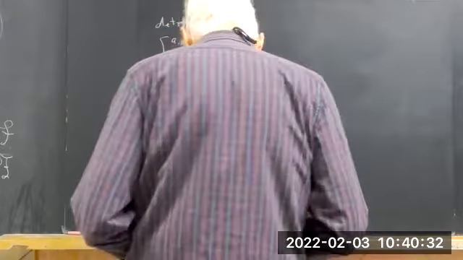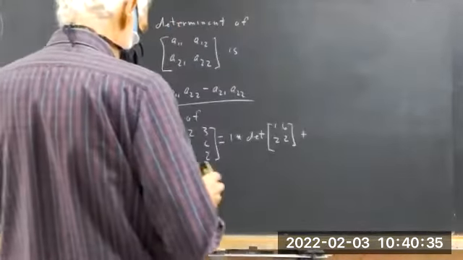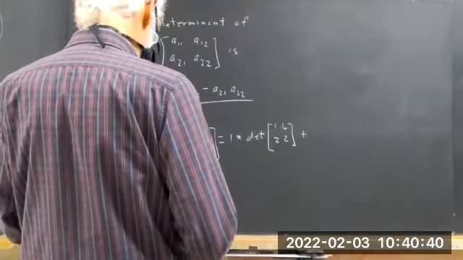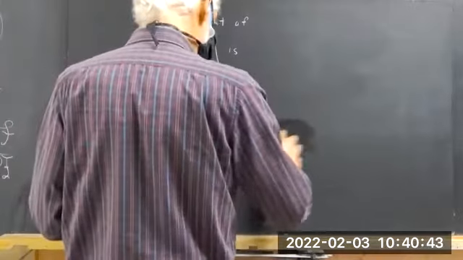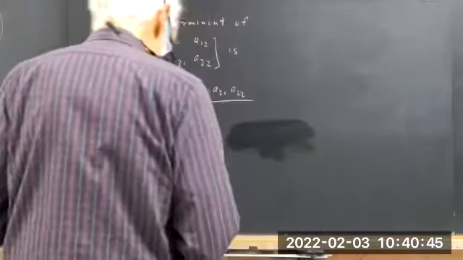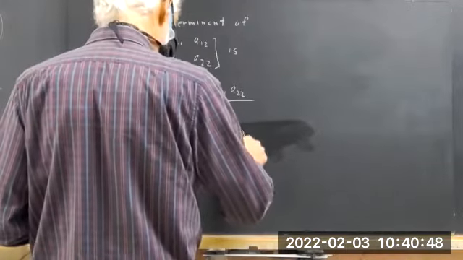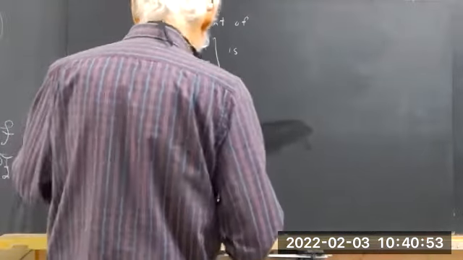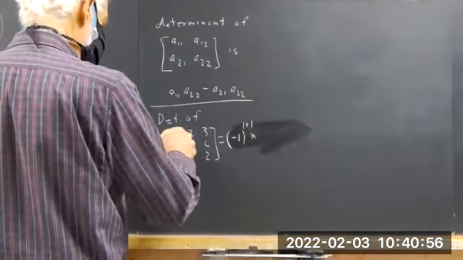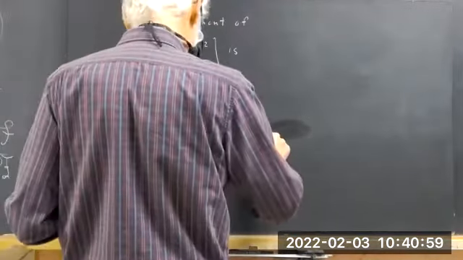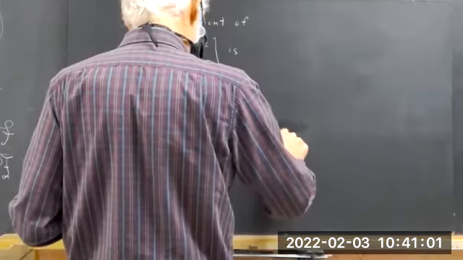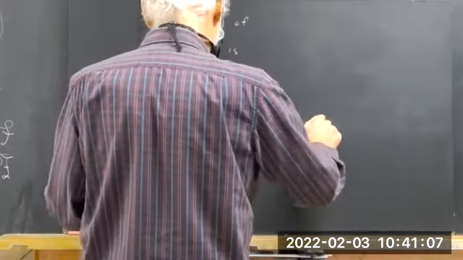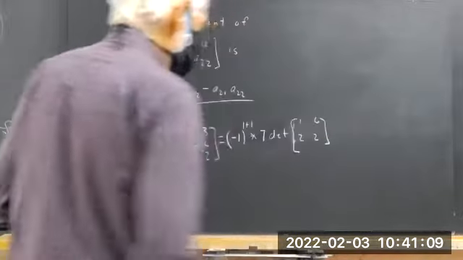I want to rewrite that. -1 is a 1 plus 1. And I'm going to change this 1 to a 7. -1 to the 1 plus 1 times 7 times the determinant of the 1, 6, 2, 2 matrix.